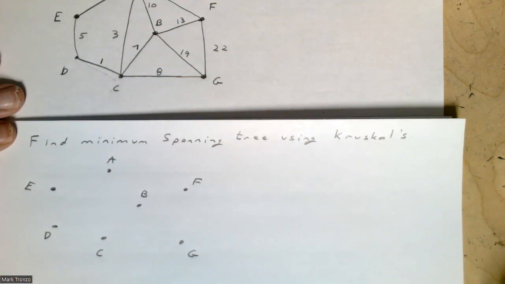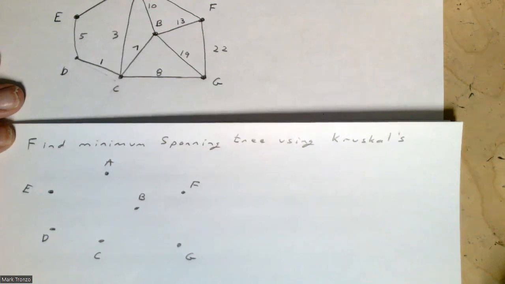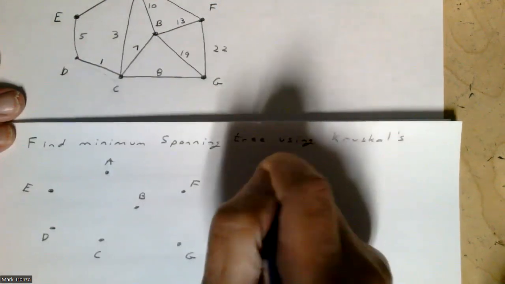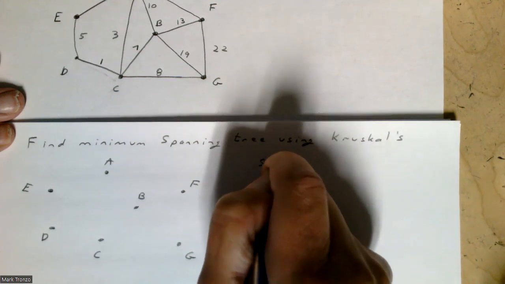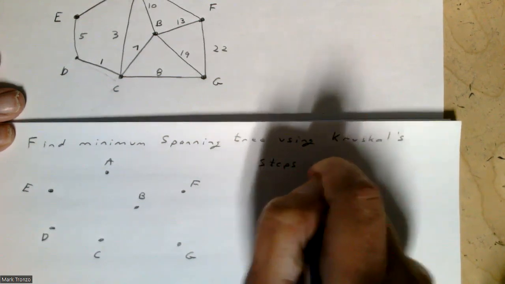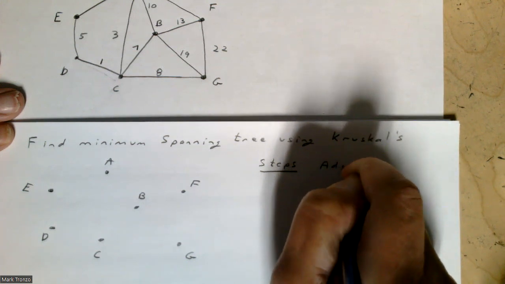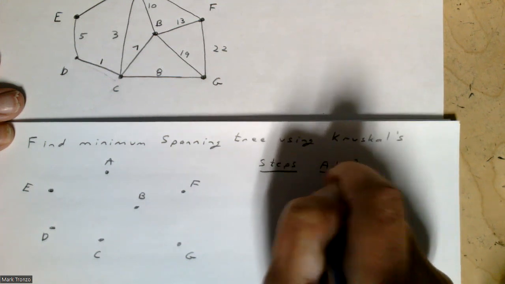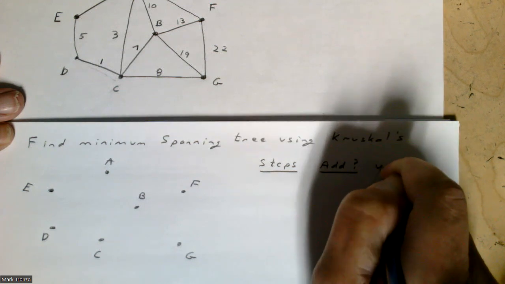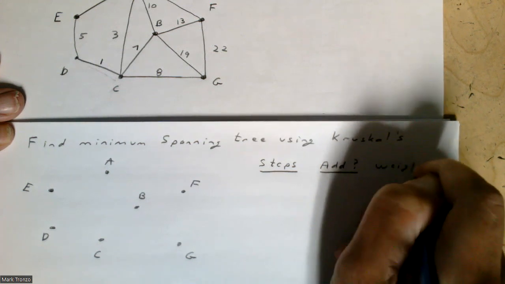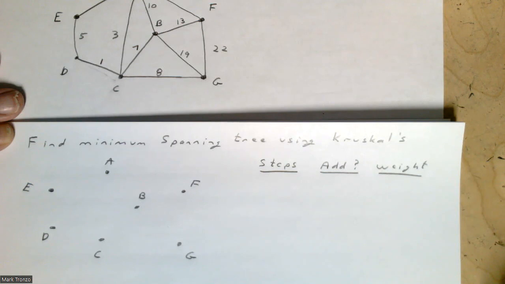And let's make a little table. Again, we're going to use Kruskal's. Over here, we're going to put the steps. And here we're going to say whether or not we added that edge, and then put the weight over here.